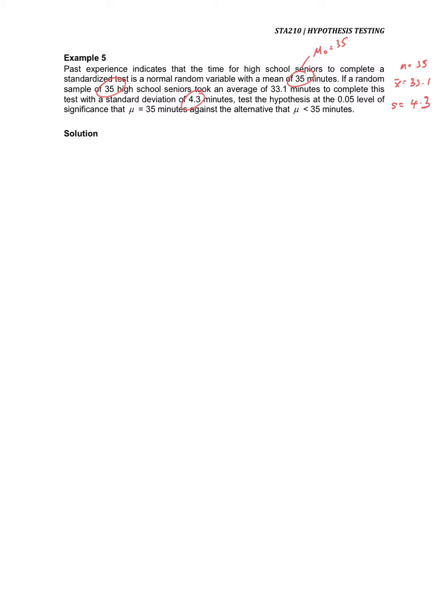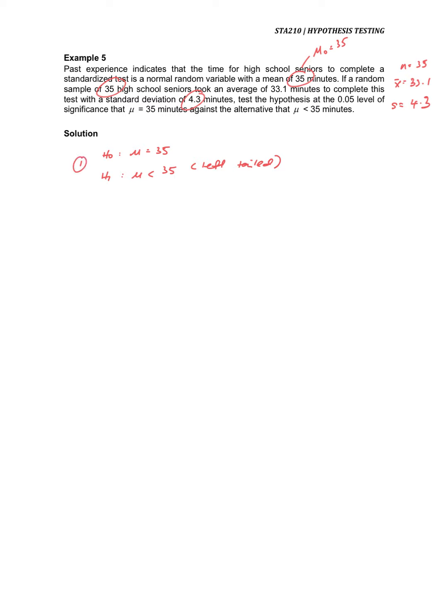Test the hypothesis mu equals 35 against mu less than 35. So our null hypothesis is mu equals 35 versus mu less than 35. Again, this is a left tail test.